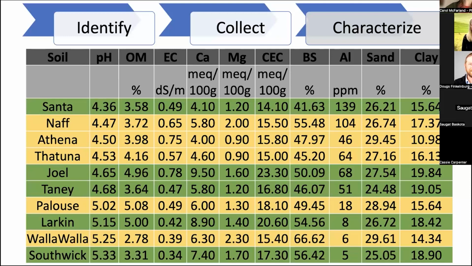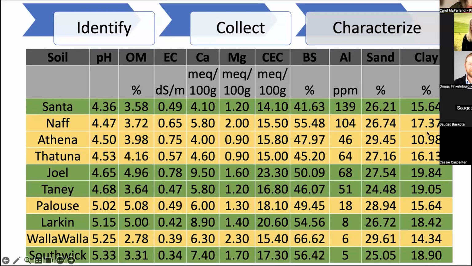So you can see that they're a bit color coded. That was a nod to the native vegetation. So green was native forest, and the yellow sites were native prairie. So we, again, characterized by clay or by soil texture.